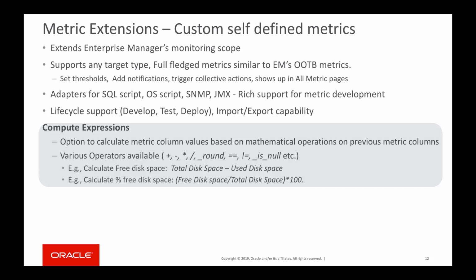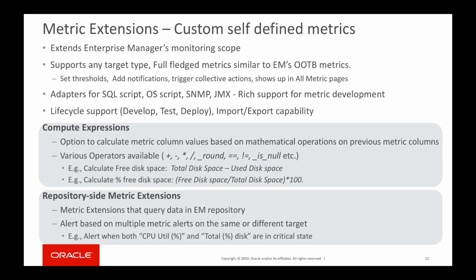The example for this is that you can get free disk space by calculating a difference of two column values, total disk space and used disk space. There are many operators available to use for this calculation, not only those standard arithmetic operators such as plus, minus, multiply, or divide, but also programmatic expressions.